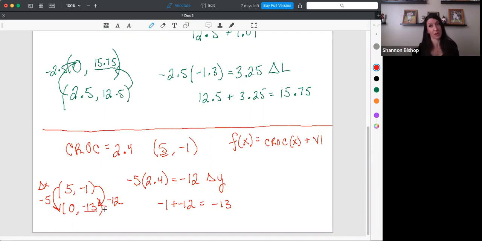So we had the rate of change. We can use the rate of change to go get the vertical intercept. And now we have everything we need to write our linear function: 2.4 times the input variable. We'll just use x because it's not a word problem. And in this case, it's -13 for the VI.